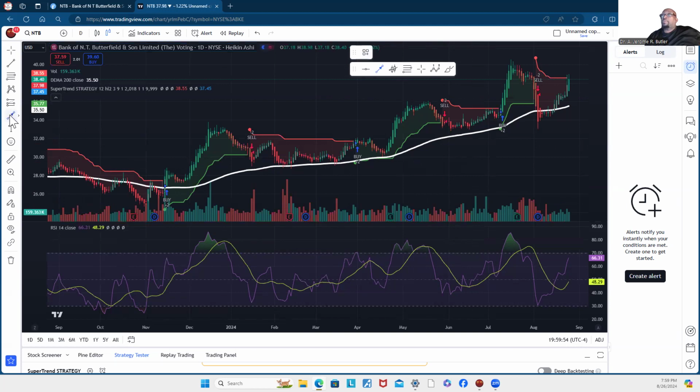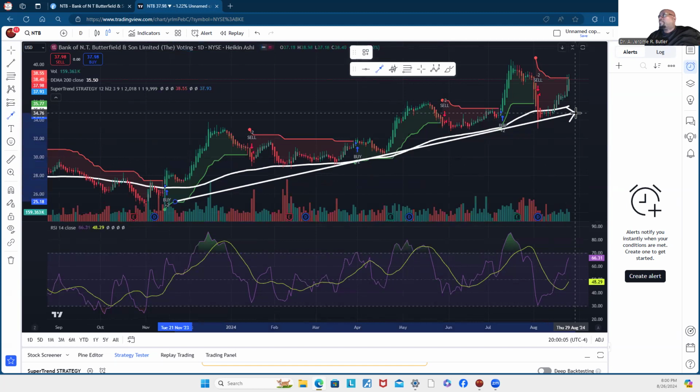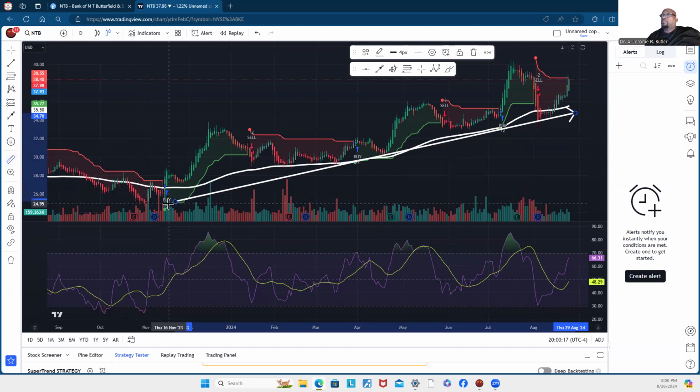It's in the gap up. If we're taking a look at the annual, it has been pretty consistent since November, moving up. In fact, let's see what kind of movement we have.